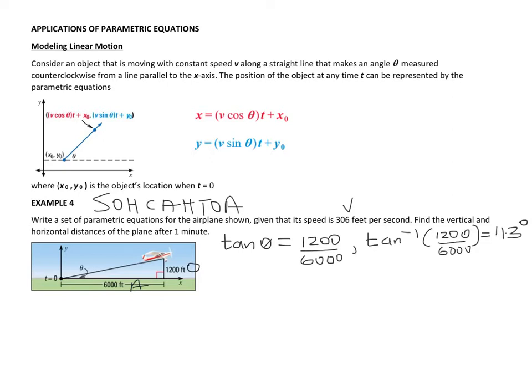So here I know that v is given as 306, and I also know that theta, I found theta, which is 11.3 degrees, and I also know the starting point, which is equal to 0, 0. Then I write the equation.